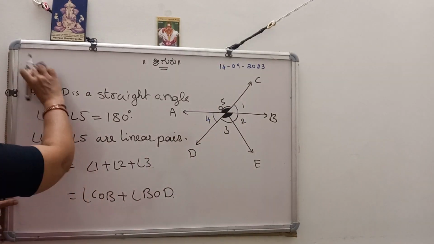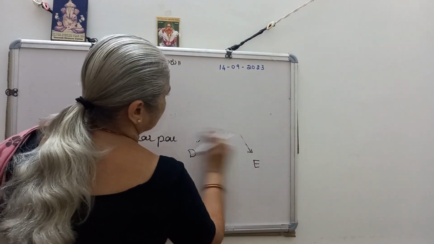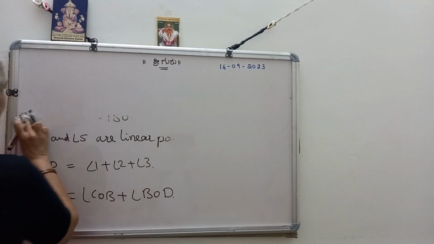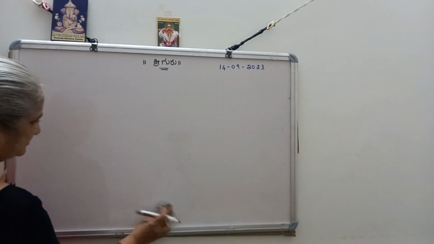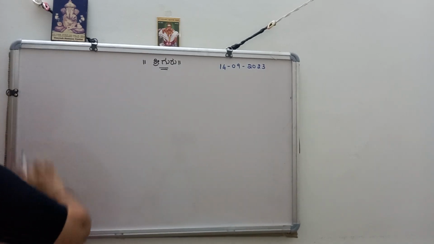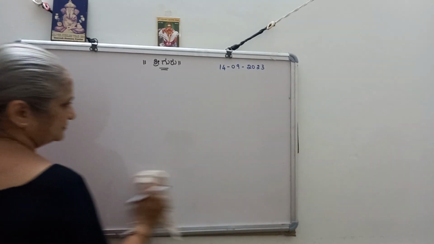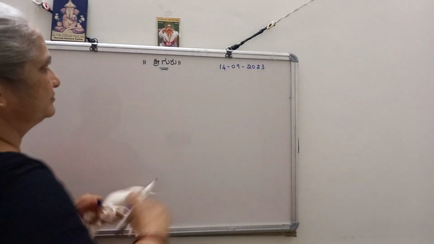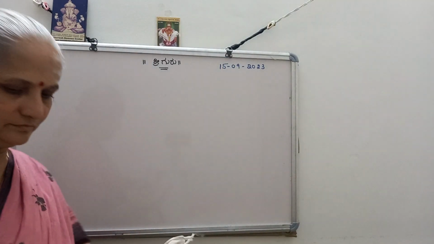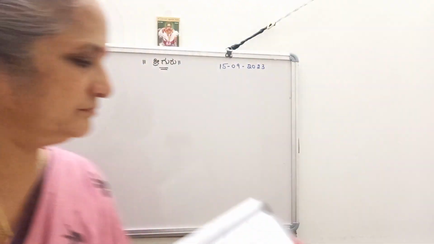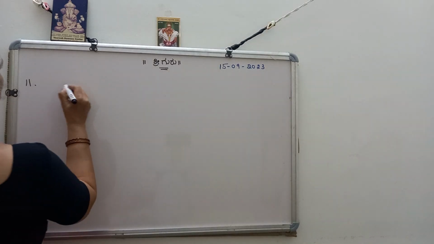In the following figure, is angle 1 adjacent to angle 2? Give reasons.